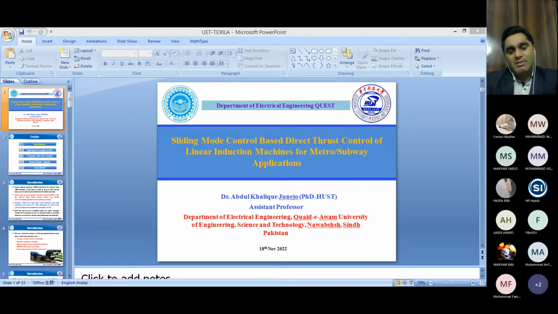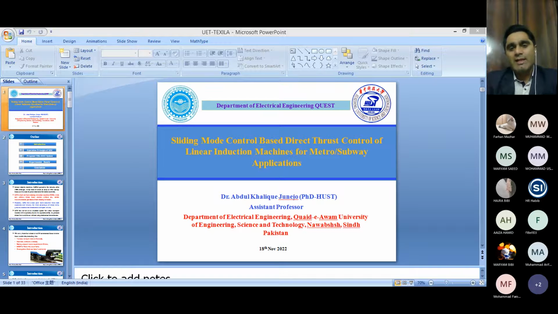LIM has served as an excellent option for urban transport traction drive systems due to its superior ability to generate direct forward thrust without mechanical transmission.